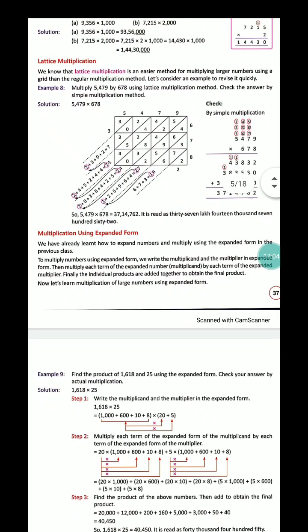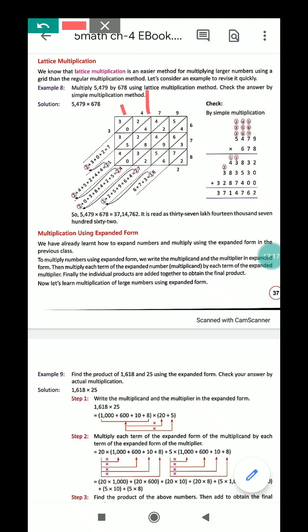So first of all, we will do the lattice multiplication. So we have to make a grid. Simply make this grid 4 into 3. That means 4 columns, 1, 2, 3, 4, into 3 rows, 1, 2, 3, because we have got the thousands and hundreds digit number.